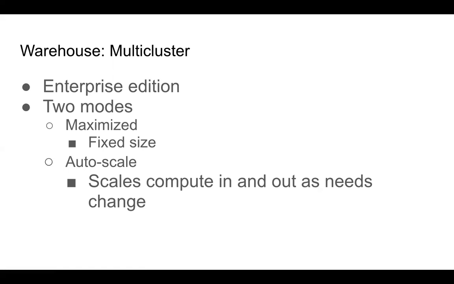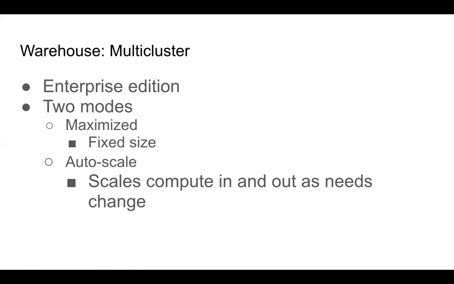The key thing to keep in mind here is this idea of scaling out. This is adding more clusters. So more demand on resources, more queries, it's going to add more clusters. This is different from scaling up. Scaling up is getting a larger size. So let's say we have a small and we go to a medium warehouse.